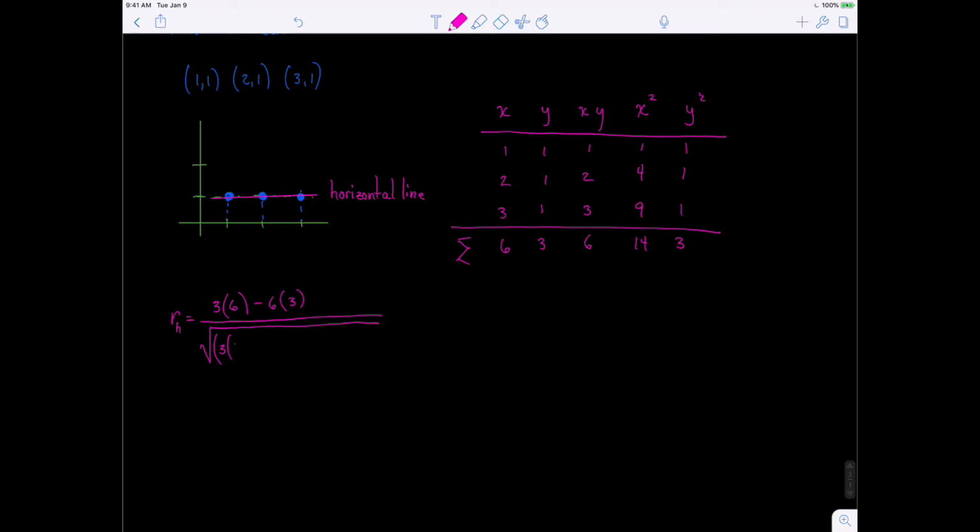So that's 14 minus, and then we are going to take the sum of the x's, that's a 6, and we're going to square those, times, again we take 3, times the sum of the y squareds, well, those add up to 3, minus, we take the sum of the y's, which is 3, and we square those.